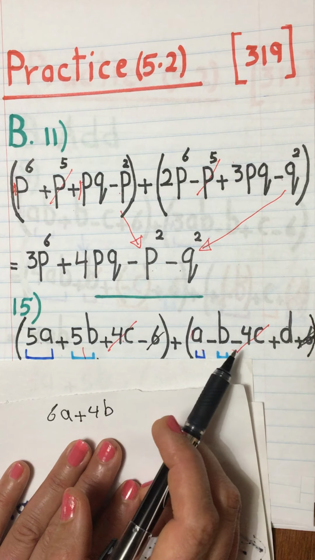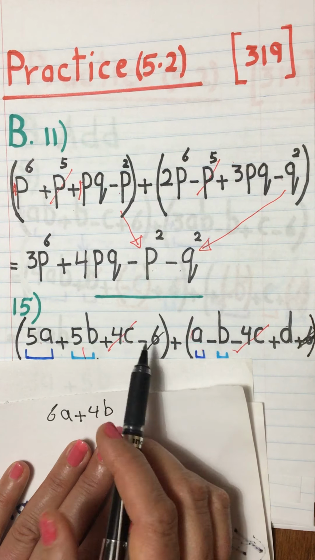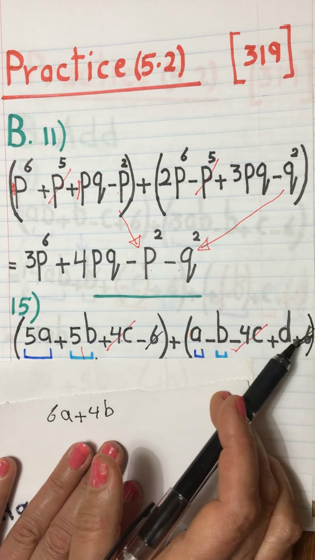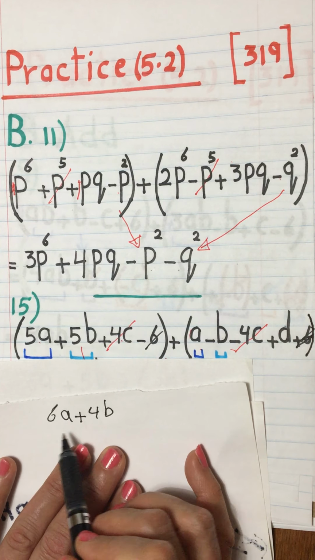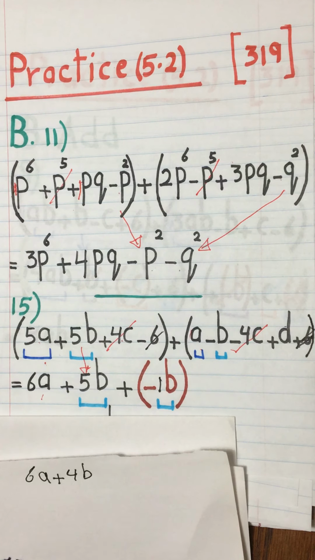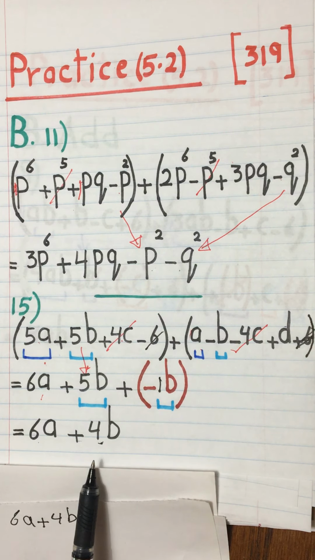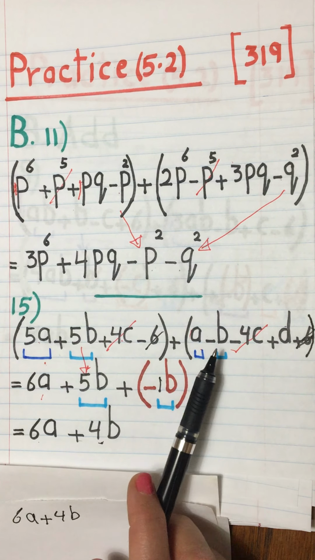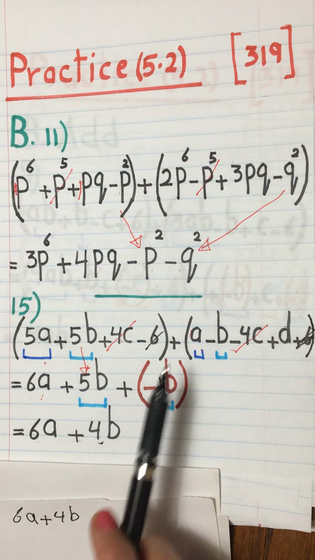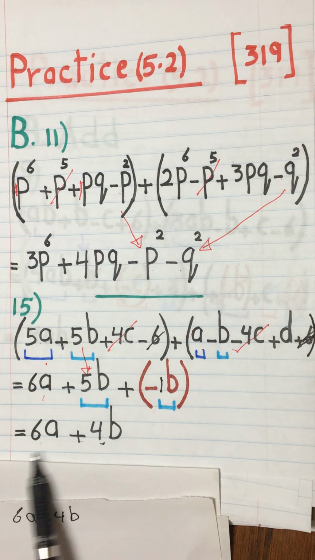Plus 4c minus 4c, different signs and like numbers cancel them out. Minus 6 plus 6 cancel them out. So the answer is 6a plus 4b. Or you can change negative b to positive and b to negative b, and you're going to have the same answer.